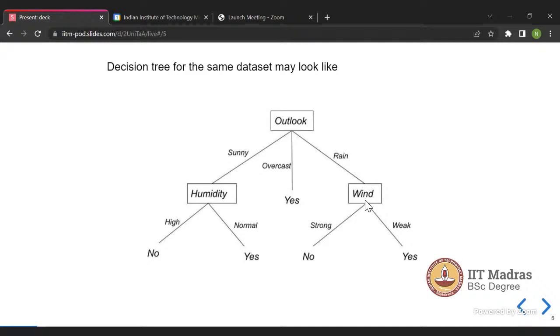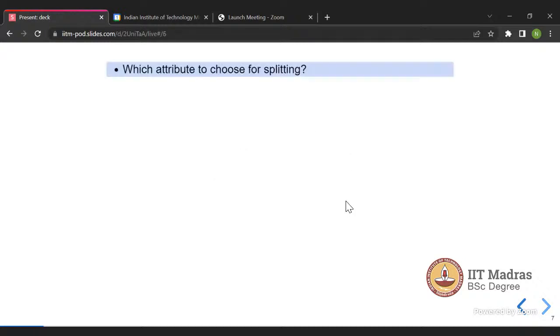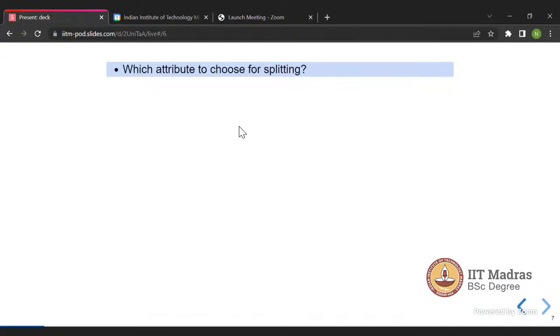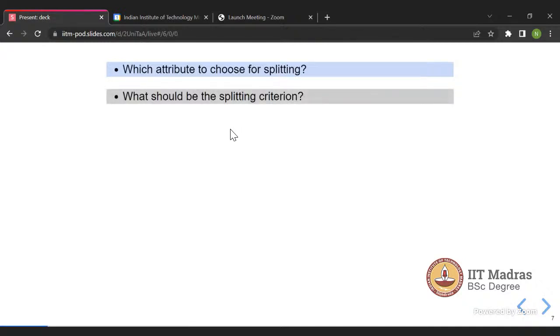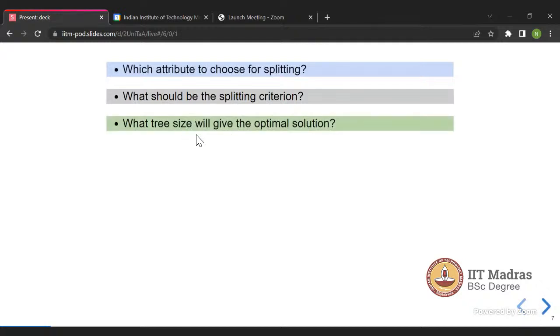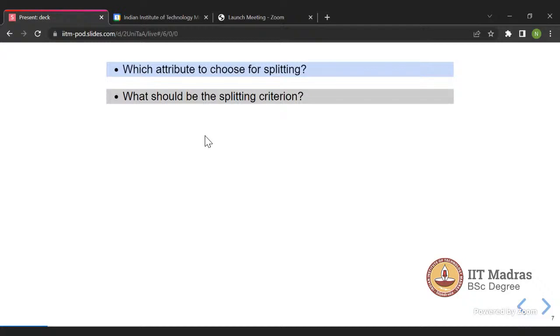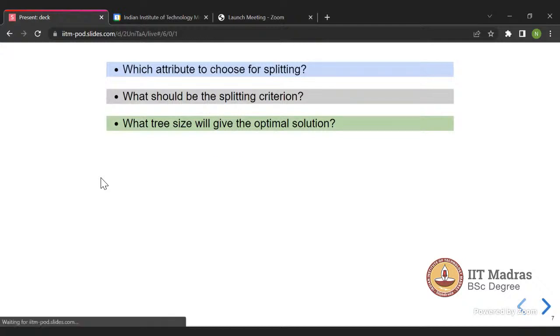So which attribute to choose at which level, what will be the splitting criteria at different levels, and what tree size will give the optimal solution? Should we go for the full last tree, or should we not? This kind of question we will answer in the upcoming slides.